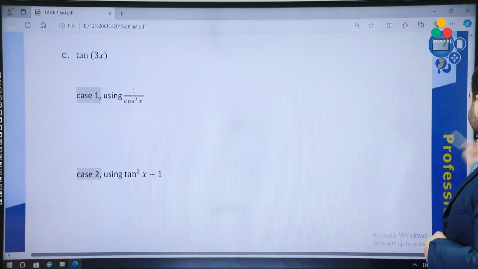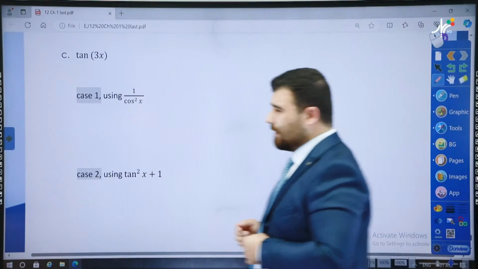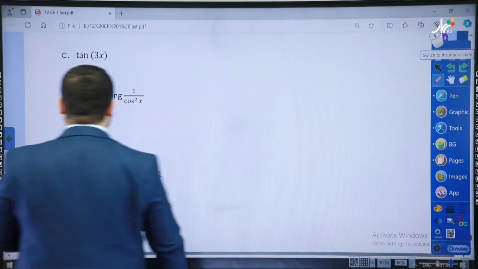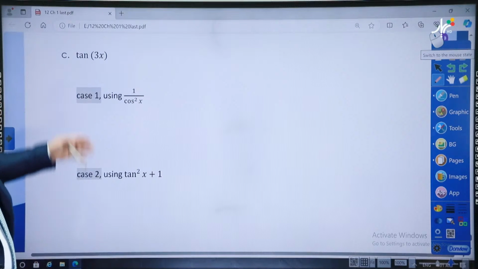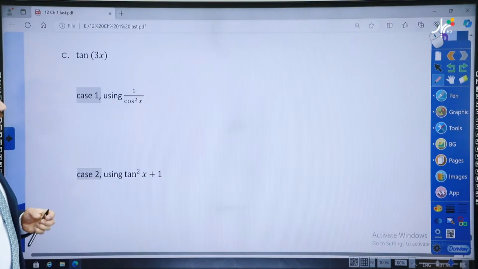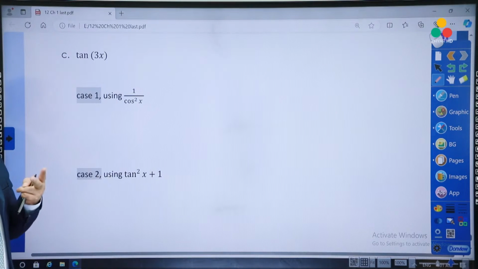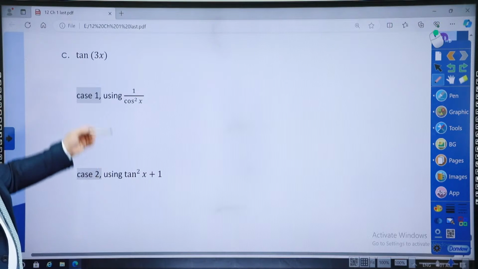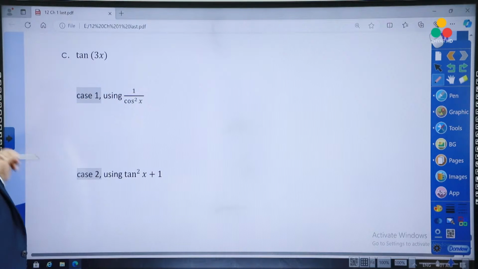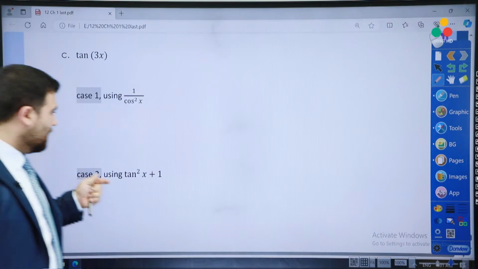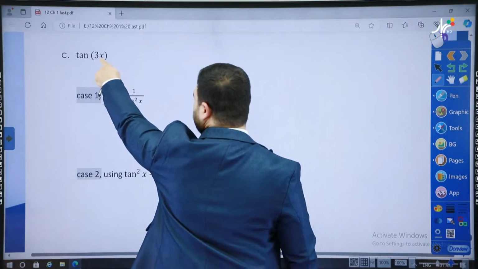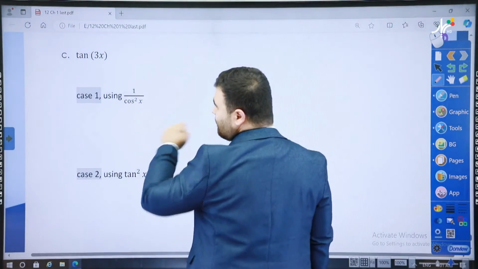All right. Tan. Example C. Find the derivative of tan 3x. To find the derivative of tan, as we said, there are two ways of doing it. Both ways are correct. Now, using 1 over cosine squared. Whatever we have inside the tan goes inside the cosine as well.